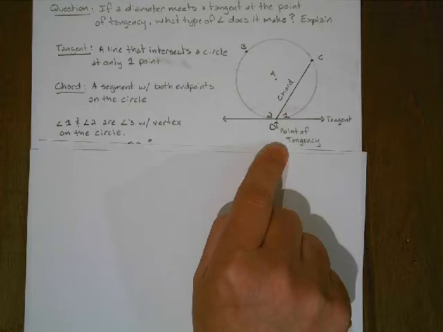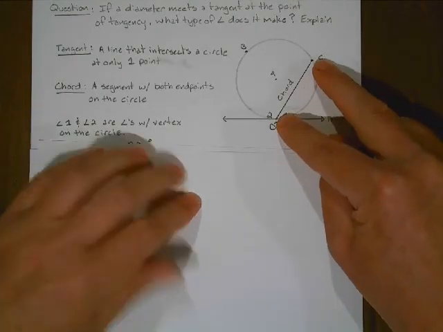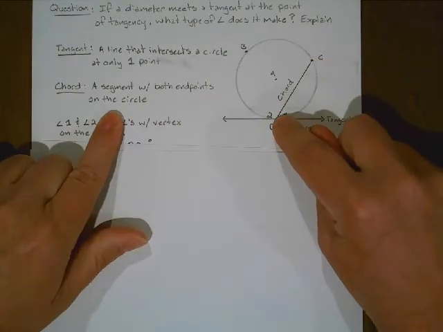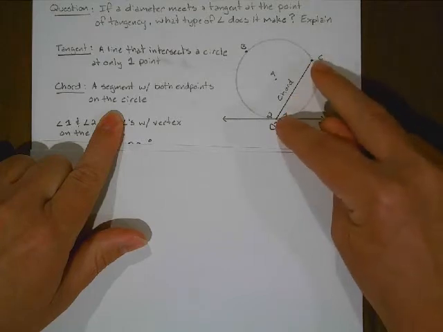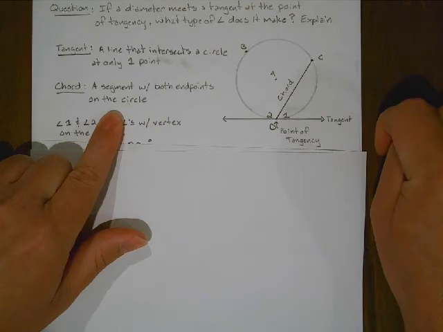Now a chord is kind of like a diameter. A diameter is a chord, but any chord is where a segment has both of its endpoints on the circle. So here's point D on the circle, here's point C on the circle. So we would call DC a chord.